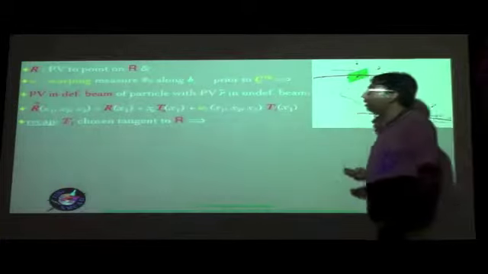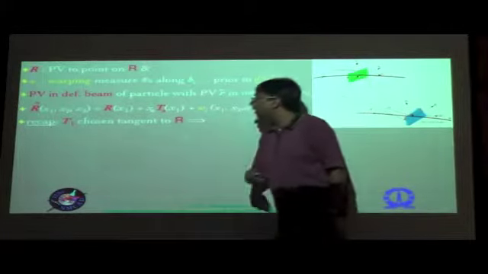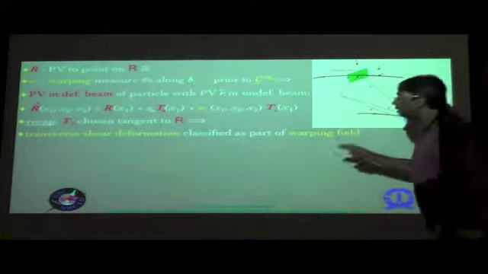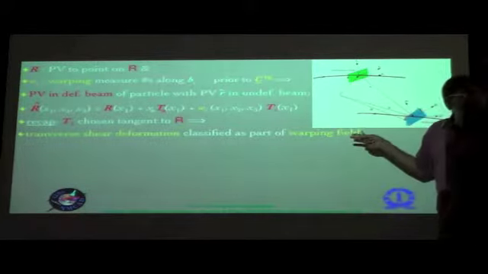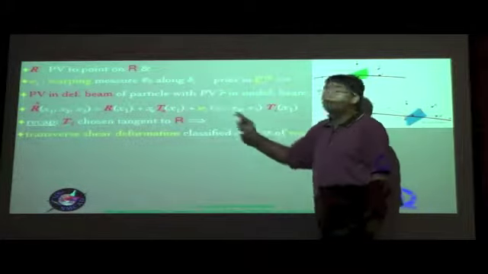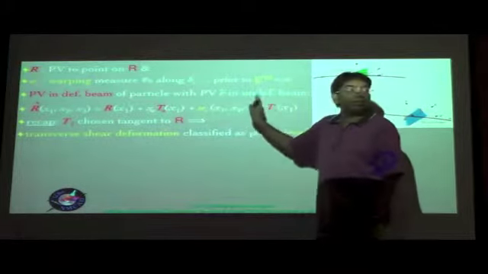So just to recap, T1 is chosen as tangent to R, so that is basically to this reference curve in the deformed configuration. And the transverse shear deformation here is classified as part of the warping field, whereas in the previous case it was part of the rigid body like rotation. So keeping that difference in Wi in mind, this is still valid.